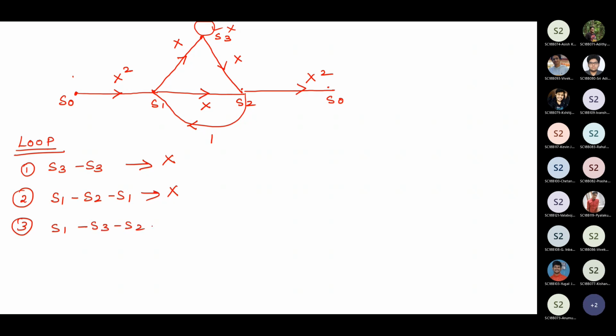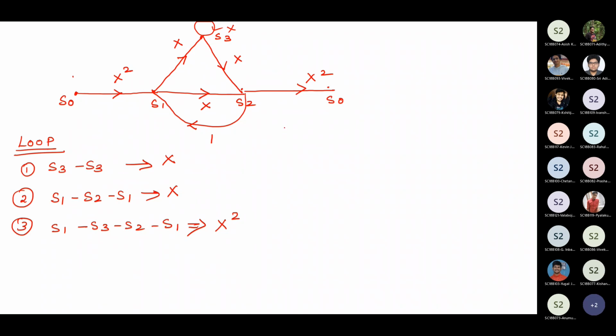From here to here X, here it is X, so X square. Then from here to here it is 1. So the loop gain is X square.